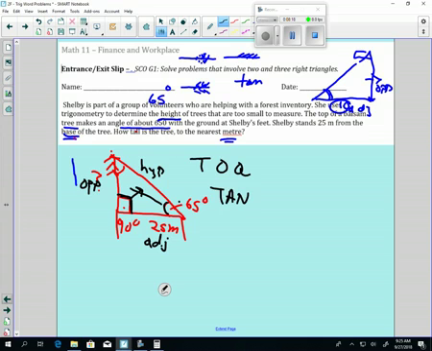of 65 degrees equals opposite over adjacent. Tan 65. My opposite side is the one I don't know, so I can use x over the adjacent side, which is 25 meters.